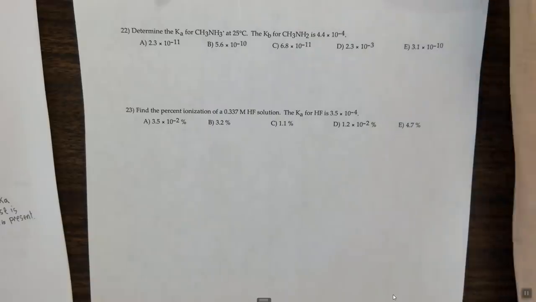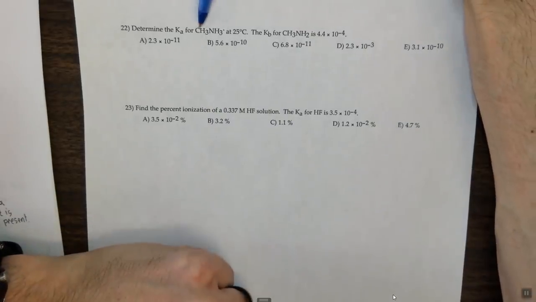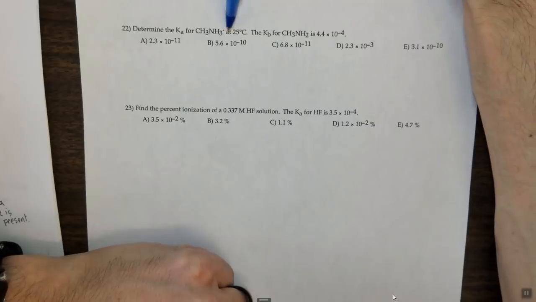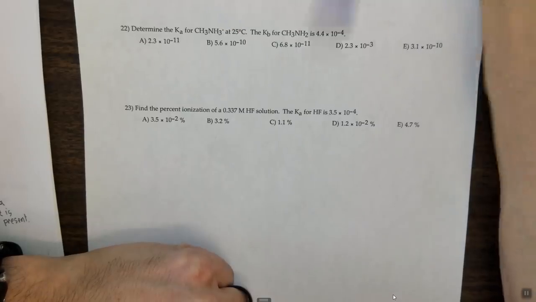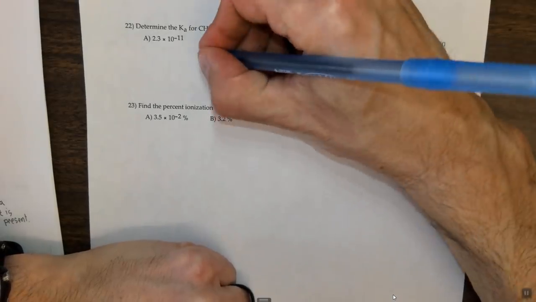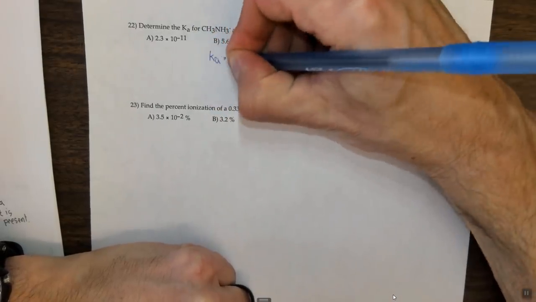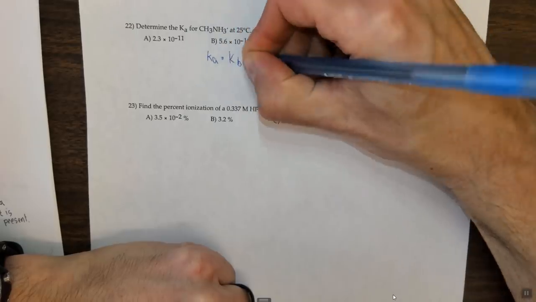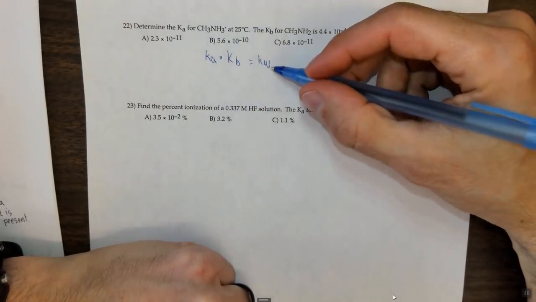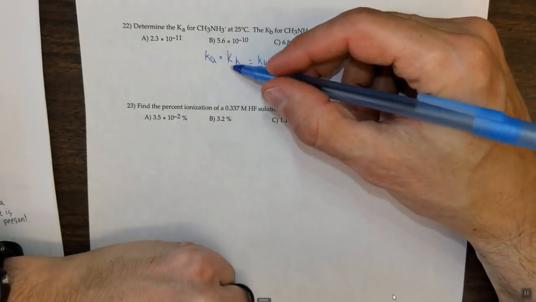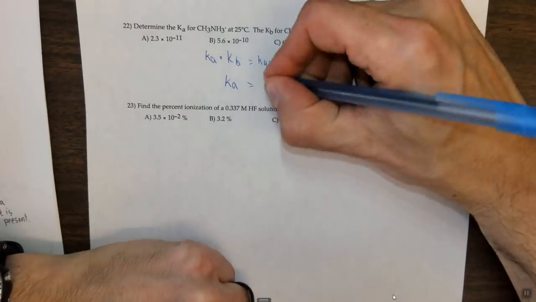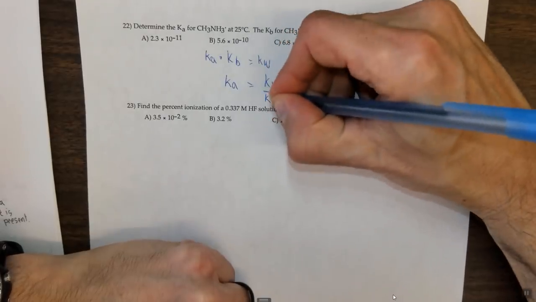Number 22 says, determine the Ka for CH3NH3 plus, protonated methylamine, at 25 degrees C. And then it gives us the Kb. Well, what we need to remember is that the Ka times the Kb equals Kw, which is a constant, 1 times 10 to the minus 14. Said another way, if I divide both sides by Kb, Ka equals Kw divided by Kb.